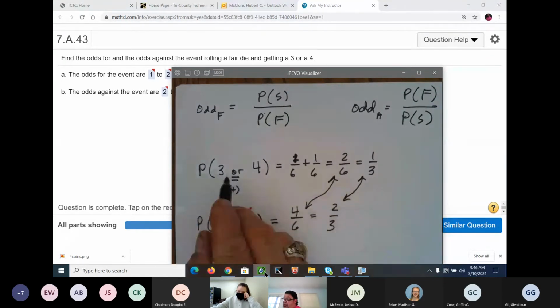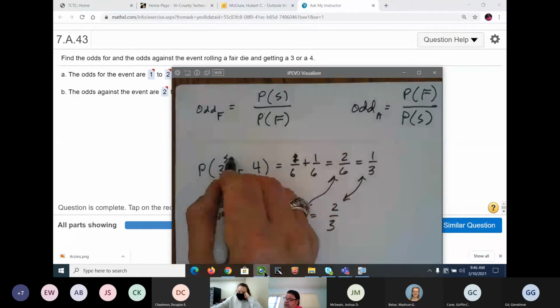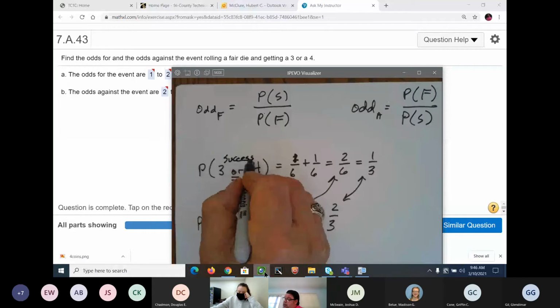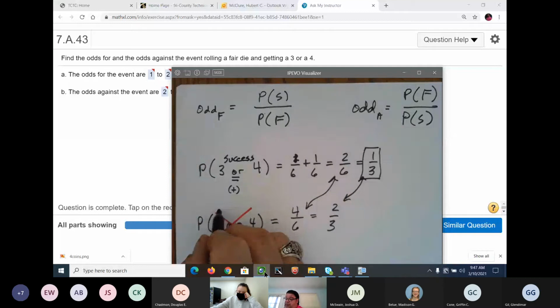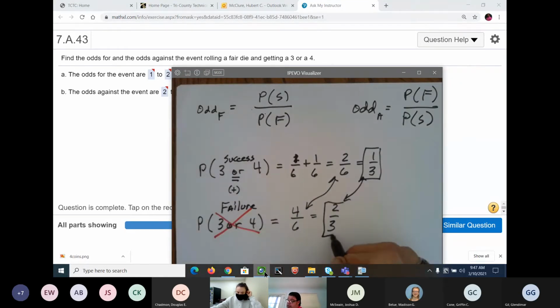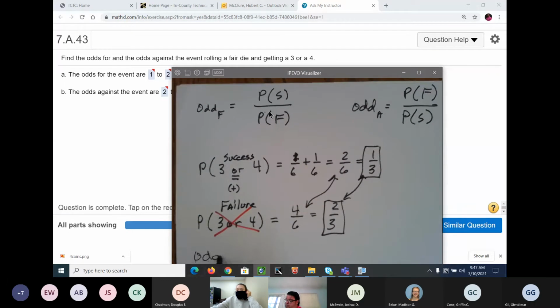So the probability of success is 1/3. What's the opposite of success? Failure. And the probability of failure is 2/3. So the odds in favor is equal to success over failure.